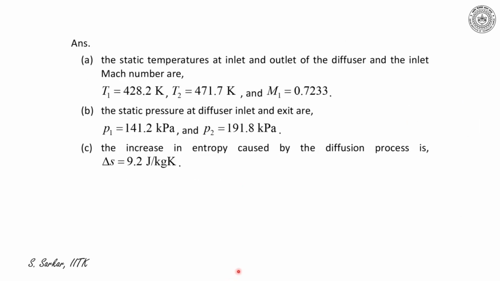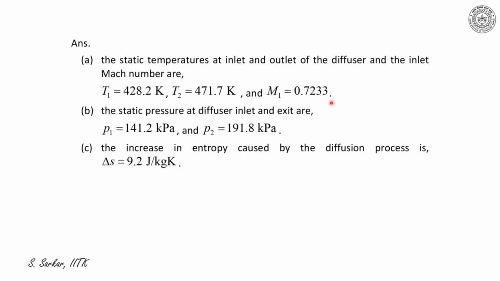Thus, the answer is the static temperature at inlet and exit of the diffuser as T1 is 428.2 Kelvin and T2 is equal to 471.7 Kelvin. You please appreciate the increase in temperature. And the Mach number at inlet is 0.7233.